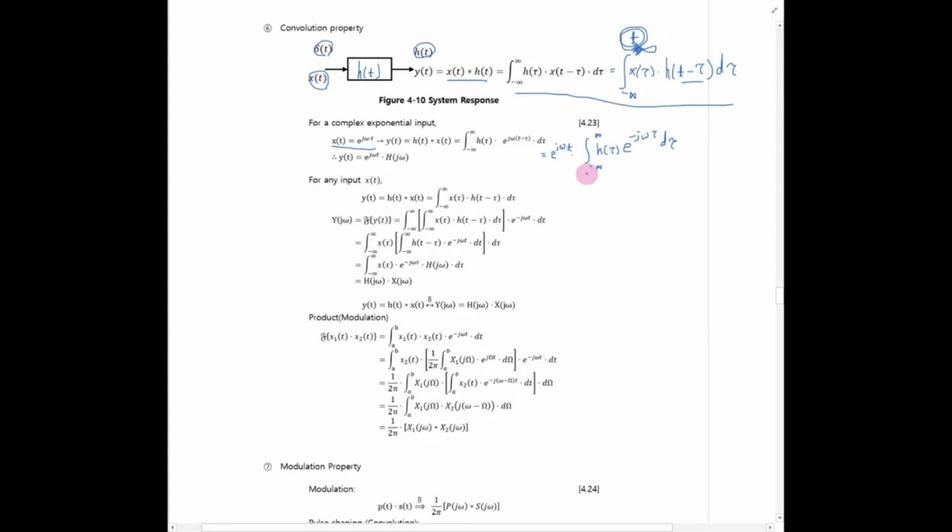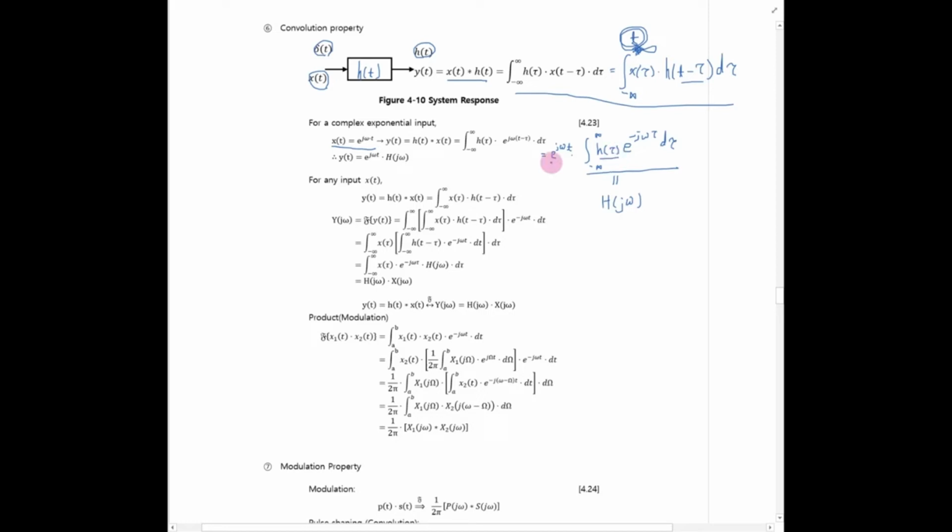So look at here. This one is the definition of the Fourier transform of h(τ). So it is H(jω). This part is the Fourier transform of h(t).